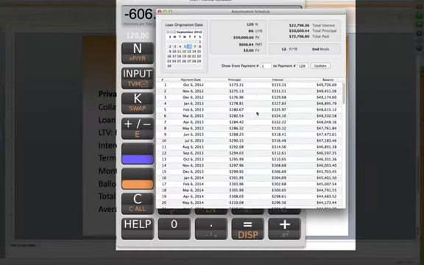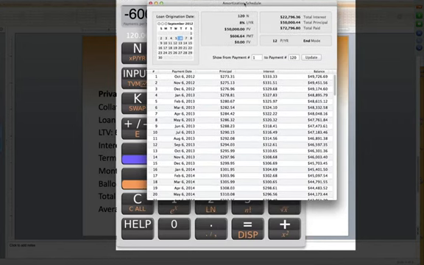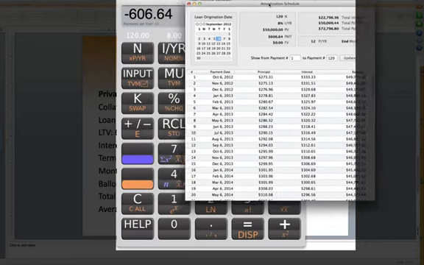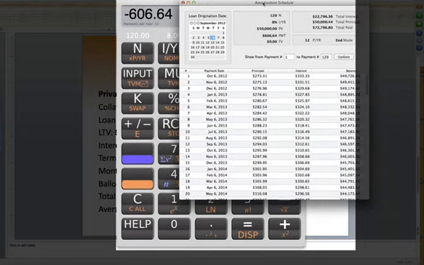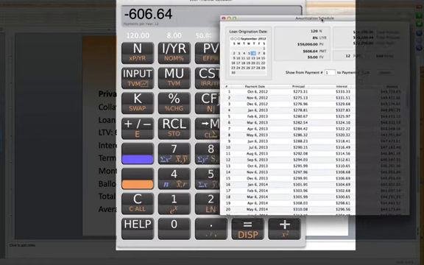Okay, and it's going to tell me now. I bought the note when there were already 12 payments gone. So now if they pay me off and refinance or sell the property 5 years after I bought it, what are we going to have? Let's just make sure, right?